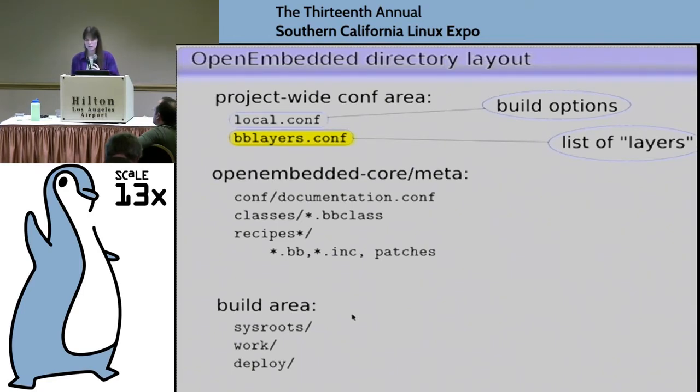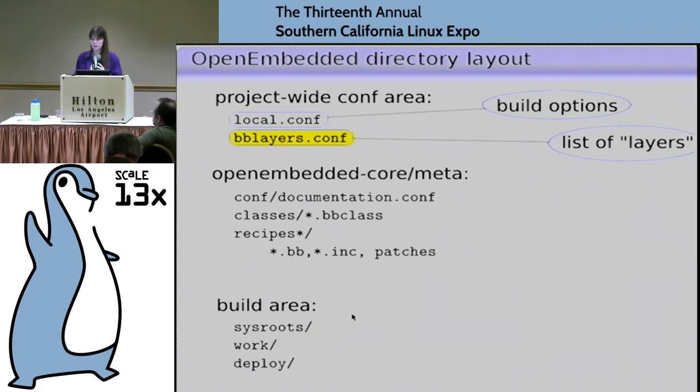Then the collection as a whole is called a layer. So you can have layers that have different purposes. Some of your layers are going to be board support packages. Like this layer has stuff if you want to be building on embedded Intel boards, this one has stuff if you want to be building on Freescale ARM boards.